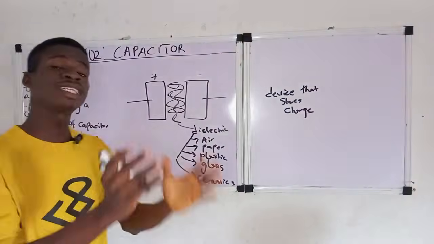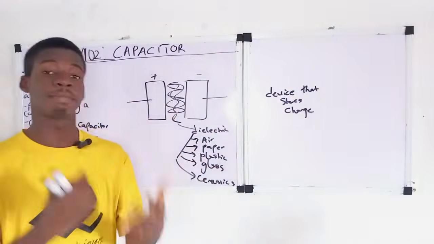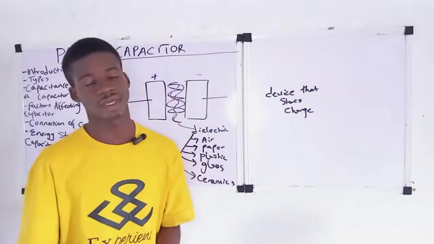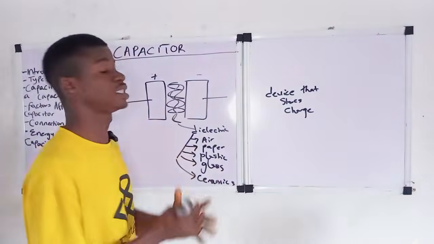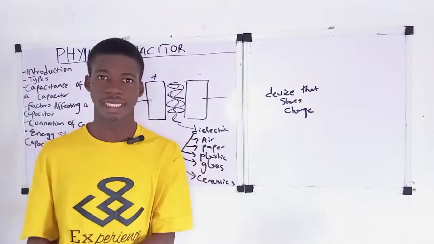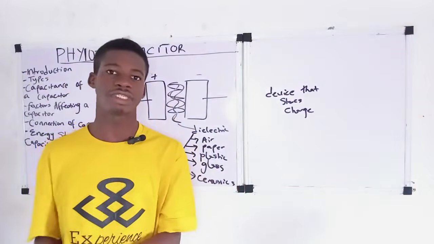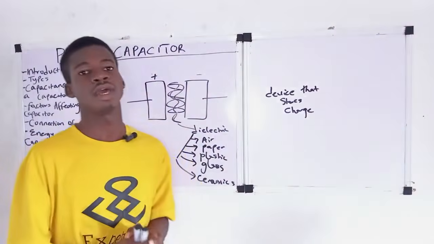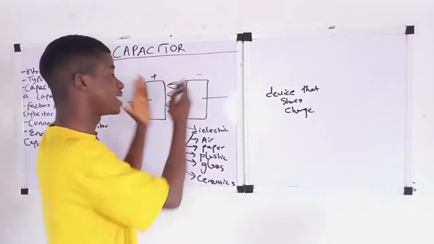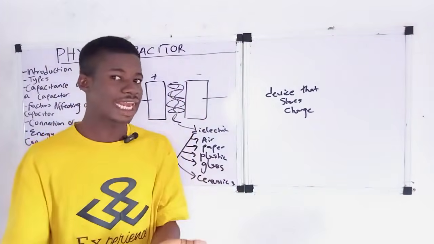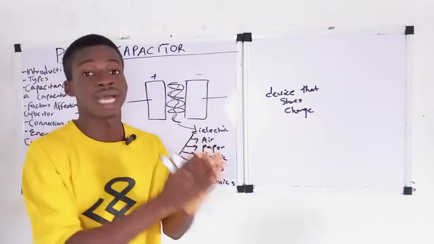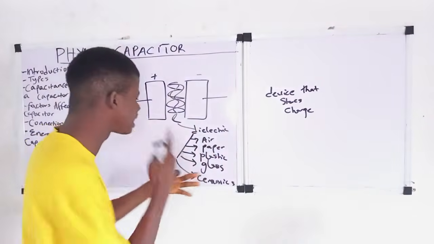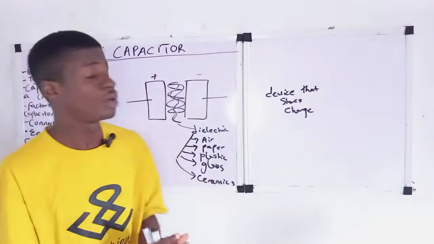The important thing you need to take note of under a capacitor is that it is a device that stores charge. That is number one. Then it is made up of two metallic plates separated by a dielectric. Remember, one plate is positive and the other is negative. The dielectric is an insulating material. It can be air, paper, plastic, glass, or ceramics.